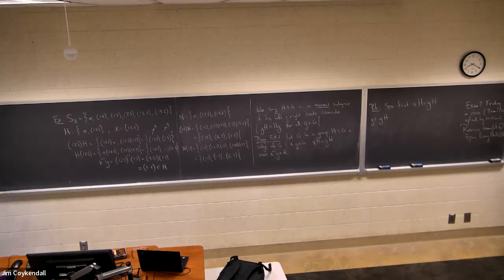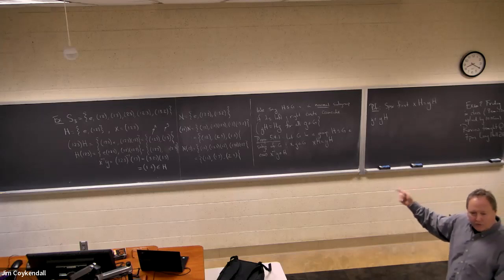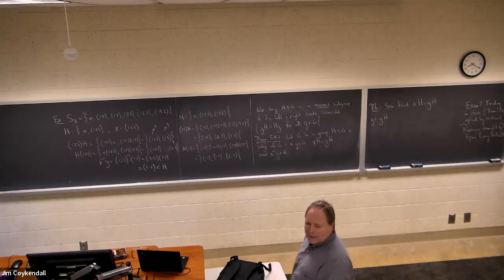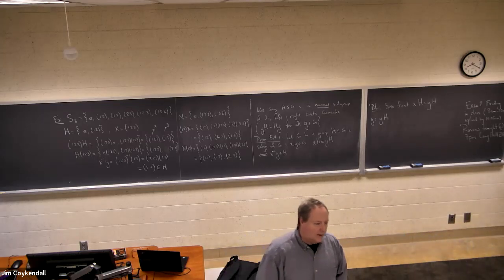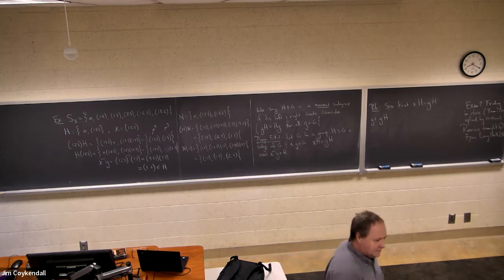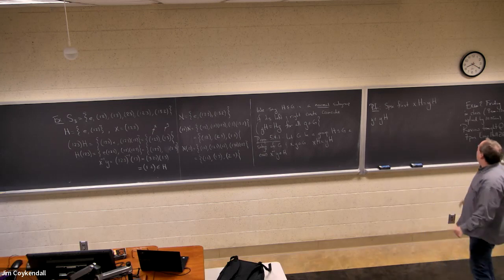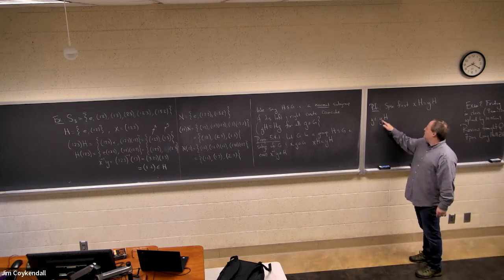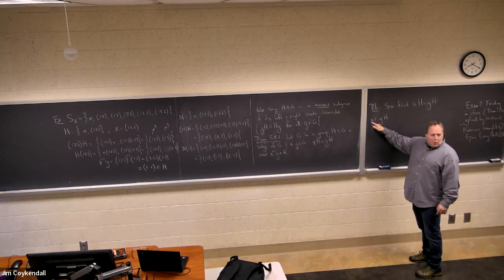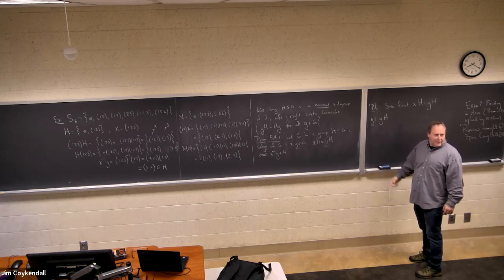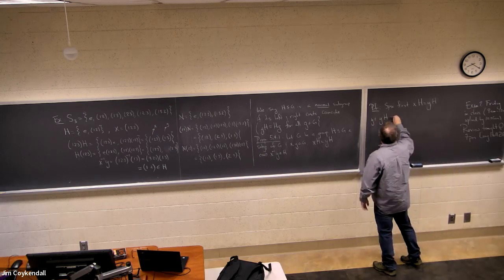Remember what YH is? It's Y times h as h runs through all the elements of the group. How do I know that Y is in there? Isn't it supposed to be Y times h? If H has the identity. Right, that's the key. H has an identity here. So if you pick the identity, Y times the identity, so Y has to live here. Everybody agree with that? But we're assuming that this is XH.